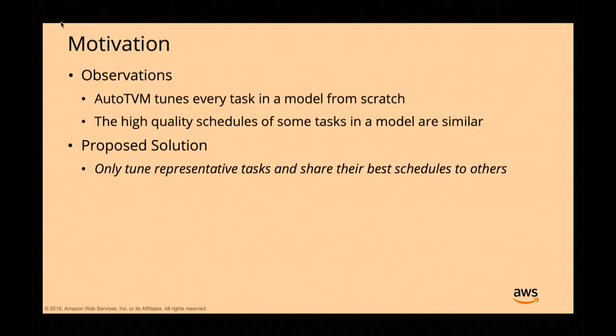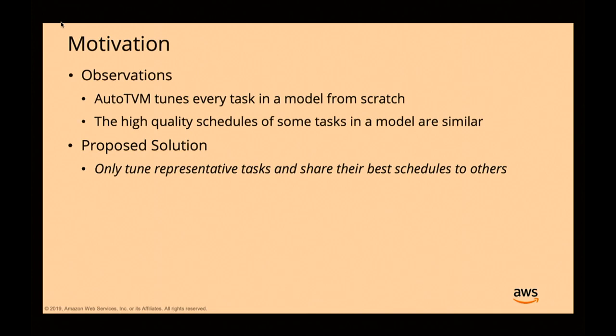Here's an interesting observation that we found during this period. We found that AutoTVM actually tunes every task in the model from scratch, which means when you are tuning the second layer, you don't take the experience from tuning the first layer. That's by default. And some high quality schedules from some tasks in the model are very similar, because you can imagine all the conv2d ops from a model may share similar image size, kernel size, stride and padding.